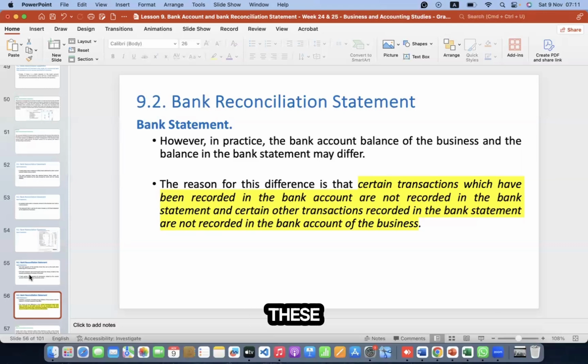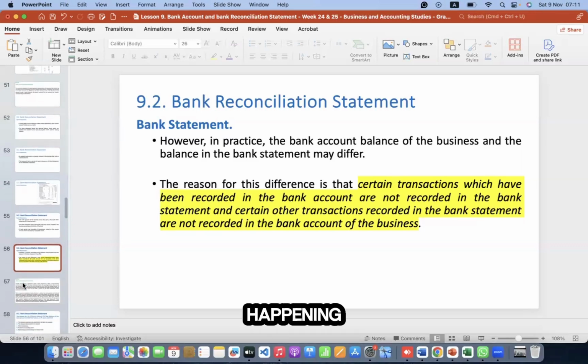So when these two things happen, these balances are differing. When this differing is happening, you need a bank reconciliation statement to reconcile those differences. That is what we are learning.